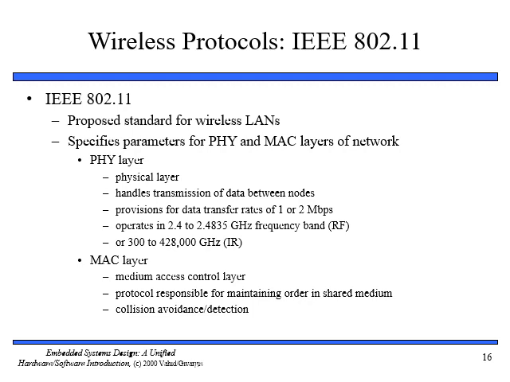The physical layer handles transmission of data between nodes. It offers a data rate of 1 or 2 megabits per second. It operates within the frequency range 2.4 GHz to 2.4835 GHz, that is an RF band, or it also works in the infrared range, that is from 300 to 428000 GHz.